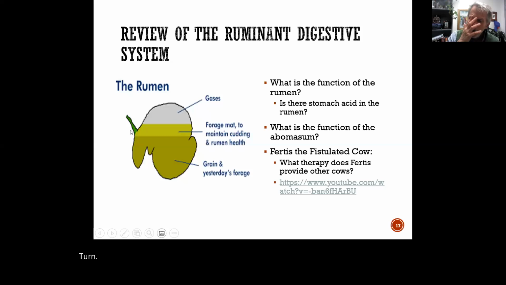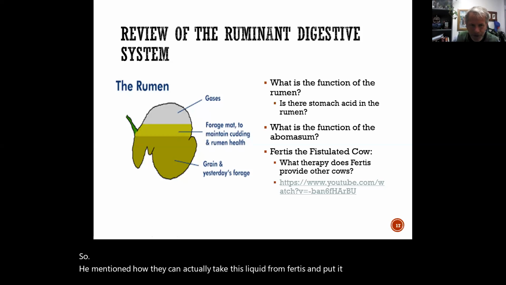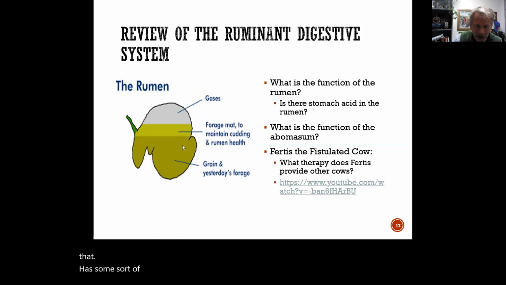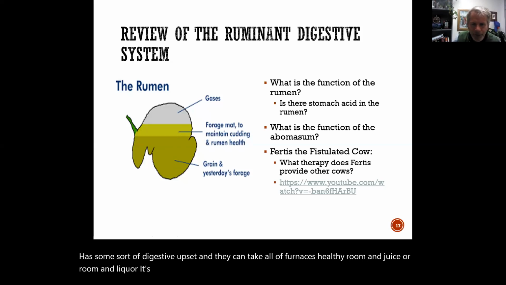So he mentioned how they can actually take this liquid from Furtus and put it into a sick cow, a cow that has some sort of digestive upset, and they can take all of Furtus's healthy rumen juice, or rumen liquor, it's called, and put it into a sick cow. I don't know why they call it liquor.